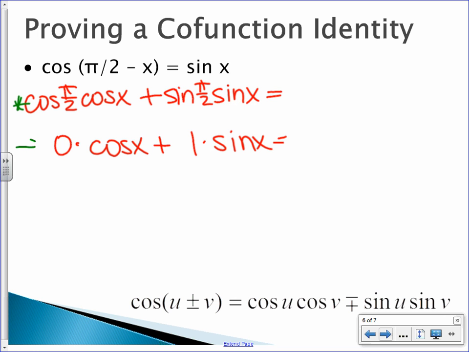You better show me this step right here in your proof. You cannot skip it. Then we can recognize, 0 times cosine is 0, and 1 times sine is sine. So we have the sine of x equals the sine of x.